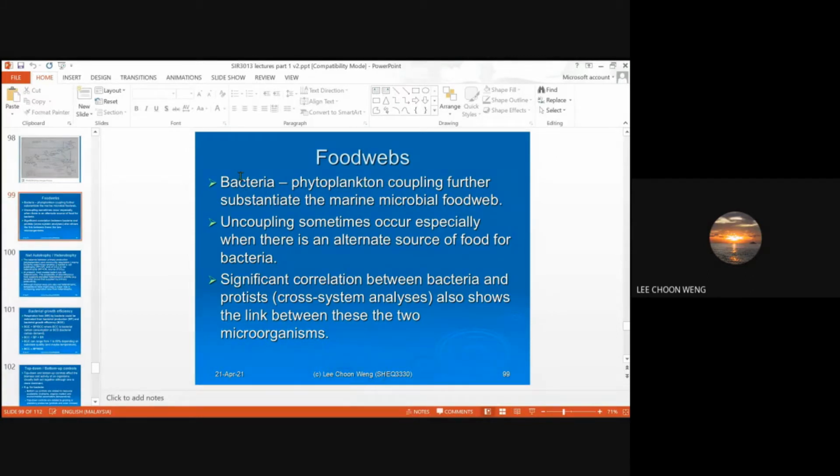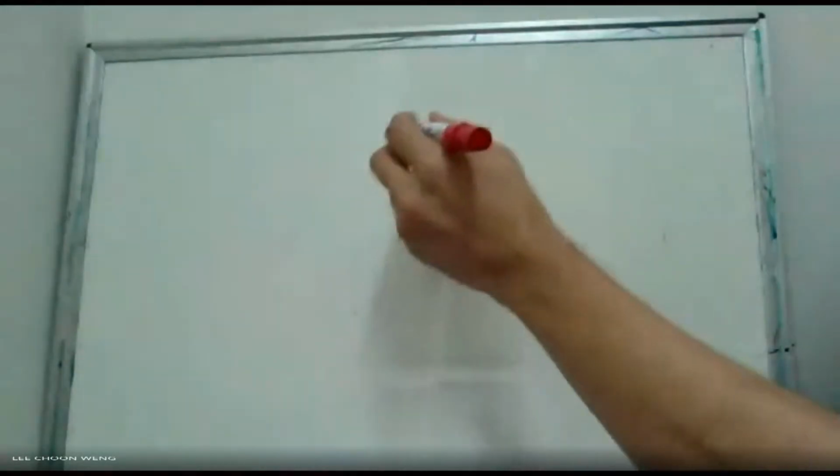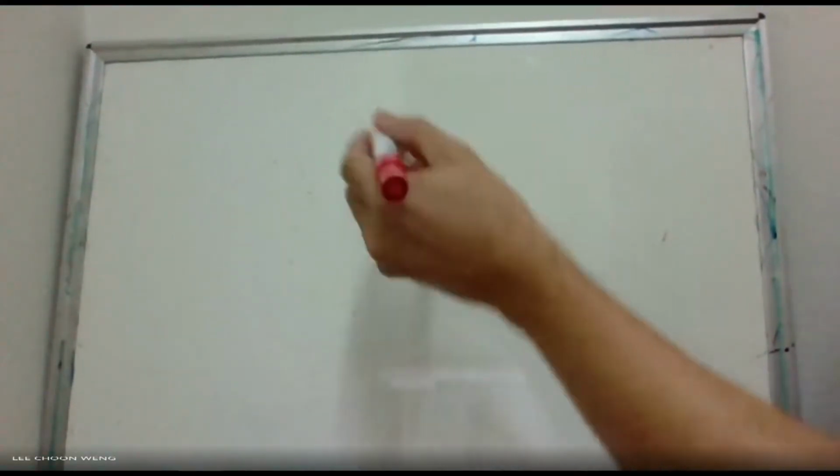The word coupling is when you see two components linked to each other from observations in a single study.